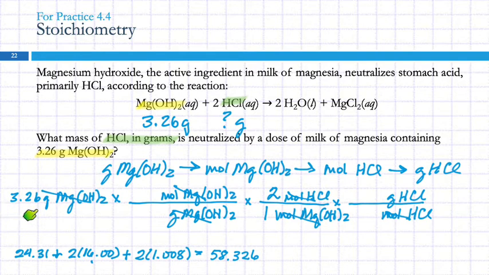My starting number has 3 significant figures. The mole ratio is exact. This is more. We could say, well, it's only 4 sig figs. It's just not even really worth thinking about. We don't want to use rounded numbers anyway, so let's just write them all in there. And then HCl, 1.008 plus 35.45, so 36.458 grams.